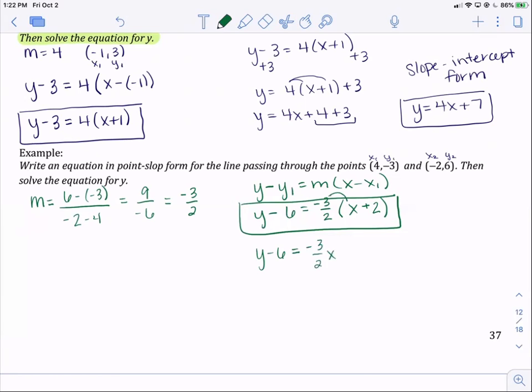And then -3 halves times 2 is -3. Good. And then how do we get y by itself? Add 6. So y equals -3 halves x plus 3.